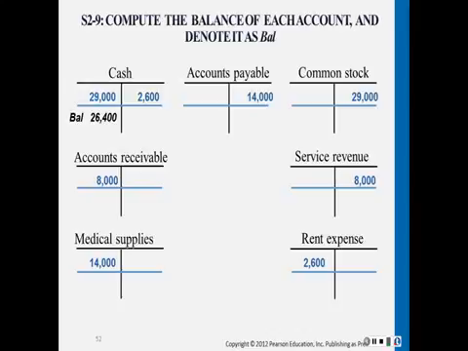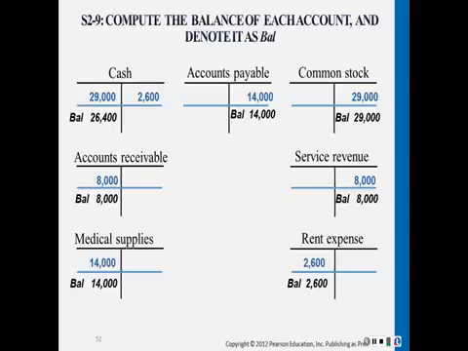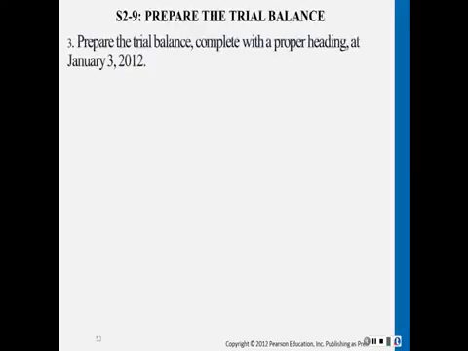When we find the difference between the two, we have a balance of $26,400. Accounts receivable, a balance of $8,000. Medical supplies, balance $14,000. Accounts payable, balance of $14,000. Common stock, balance of $29,000. Revenue, a balance of $8,000, and rent expense, a balance of $2,600.